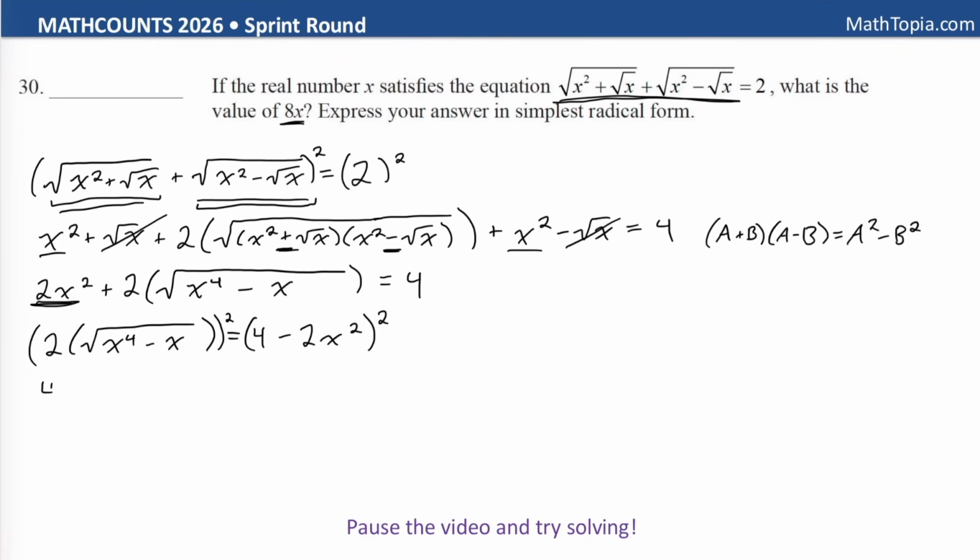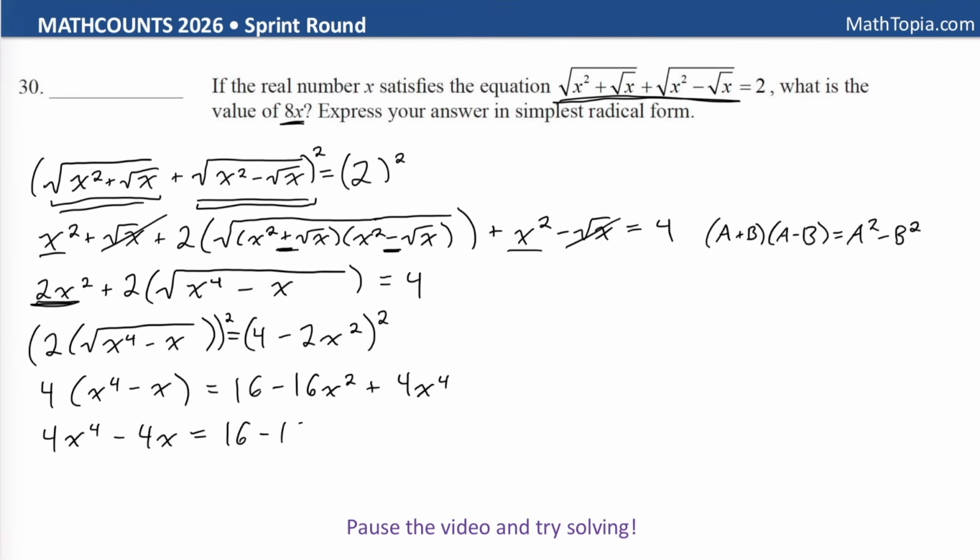And then we get 4 times x to the 4th minus x equals 16 minus 16x squared plus 4x to the 4th. We can expand out the left side of the equation, so 4x to the 4th minus 4x equals 16 minus 16x squared plus 4x to the 4th.